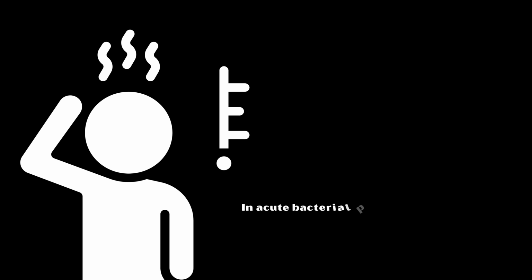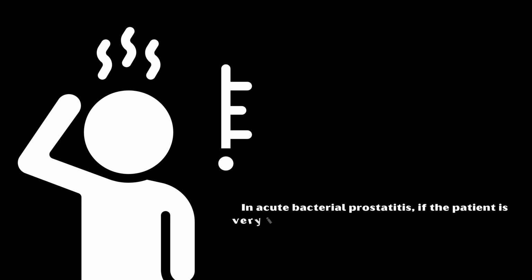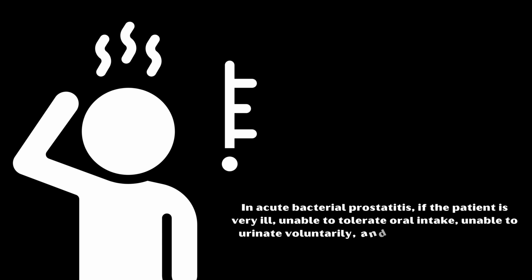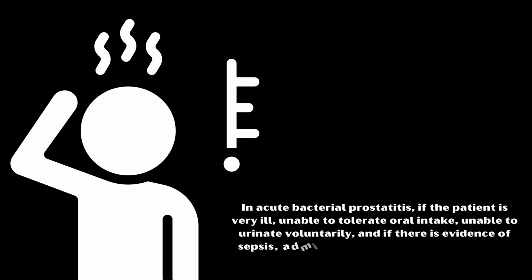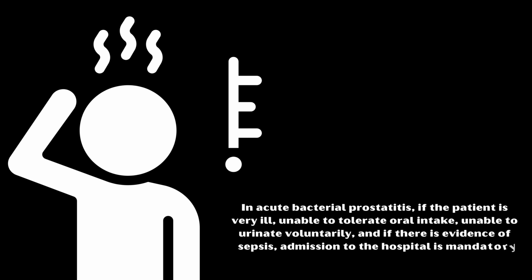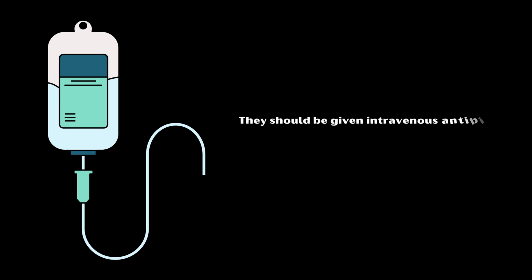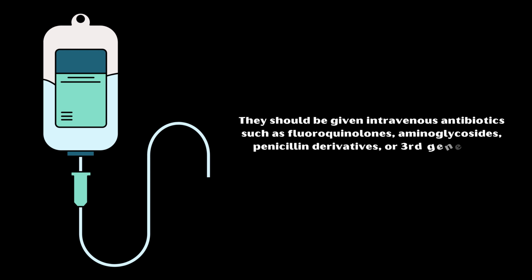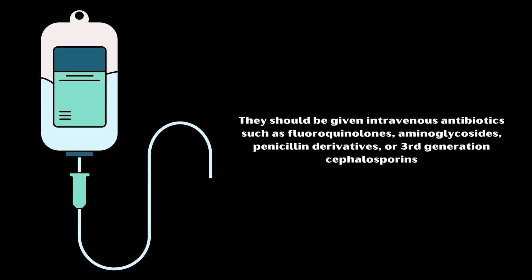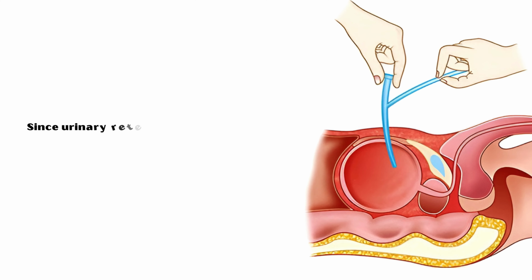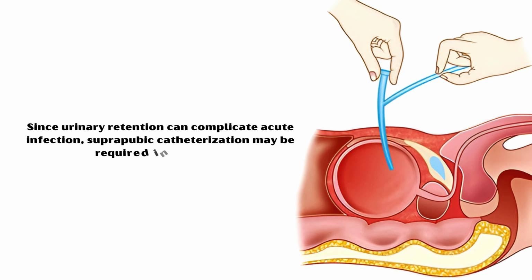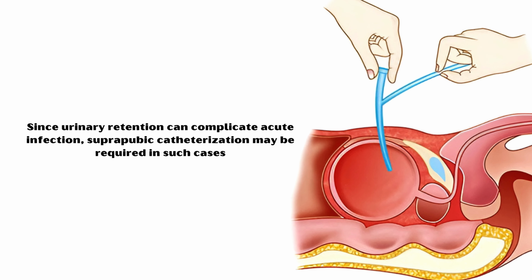In acute bacterial prostatitis, if the patient is very ill, unable to tolerate oral intake, unable to urinate voluntarily, and if there is evidence of sepsis, admission to the hospital is mandatory. They should be given intravenous antibiotics such as fluoroquinolones, aminoglycosides, penicillin derivatives, or third-generation cephalosporins. Since urinary retention can complicate acute infection, suprapubic catheterization may be required in such cases.